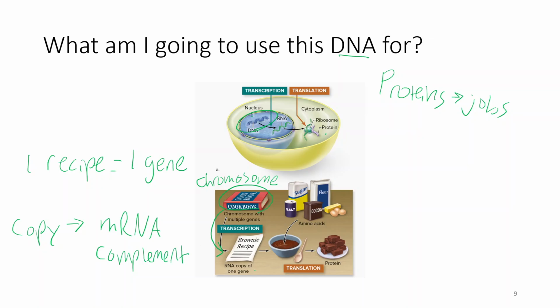Okay, and then when we go from our recipe to our actual, delicious brownies, that's when we go from RNA to a protein. We're taking the information from the mRNA and we're making it into a product.